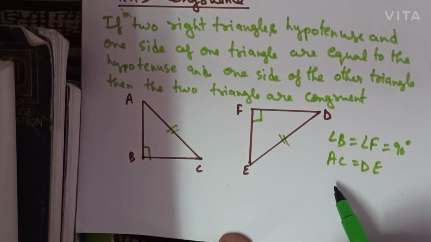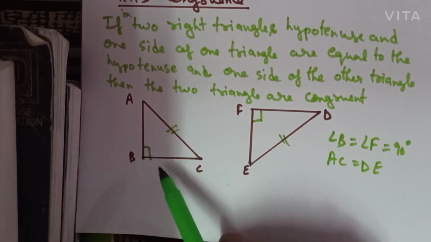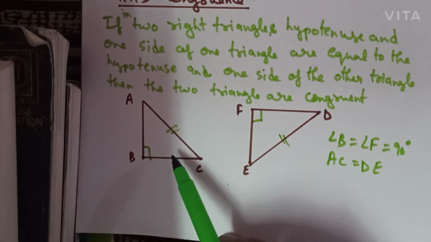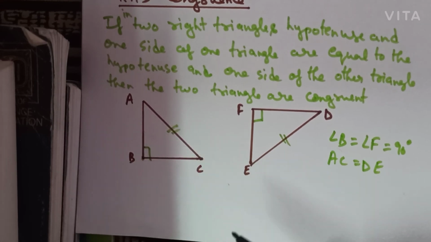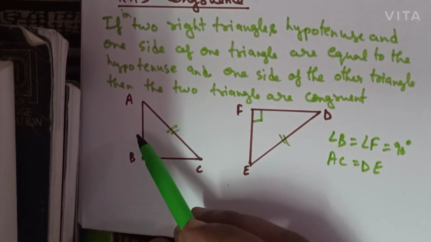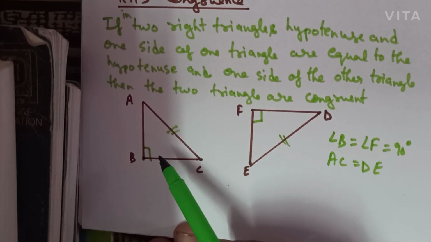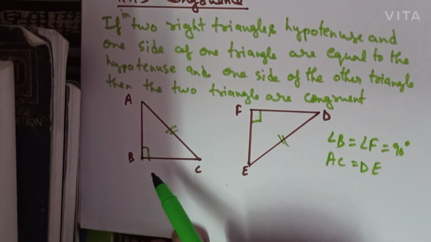And the third is any one side, from the other two legs. In a right angle triangle, one side is opposite to 90 degrees, that is the hypotenuse, and out of the other two sides, one will be the base and one will be the perpendicular. So it can be any one of them.